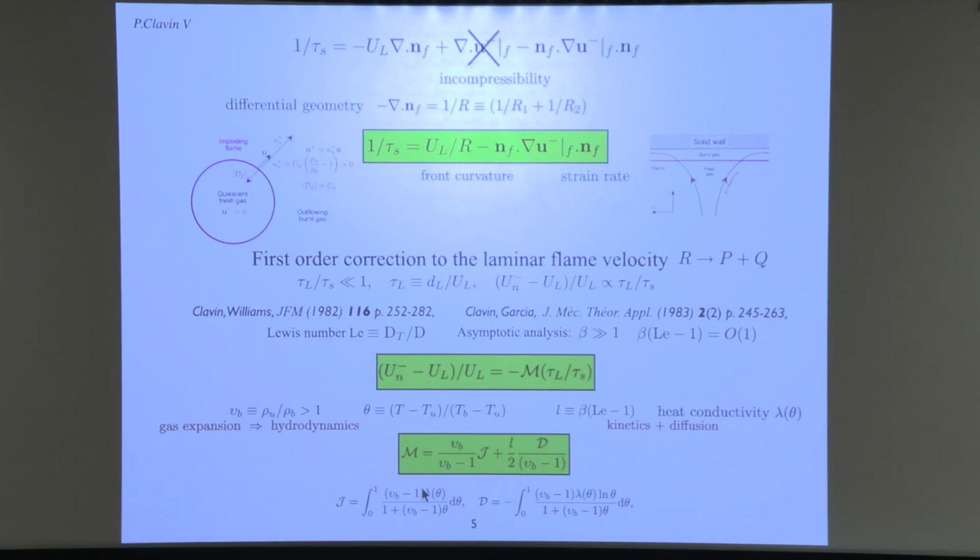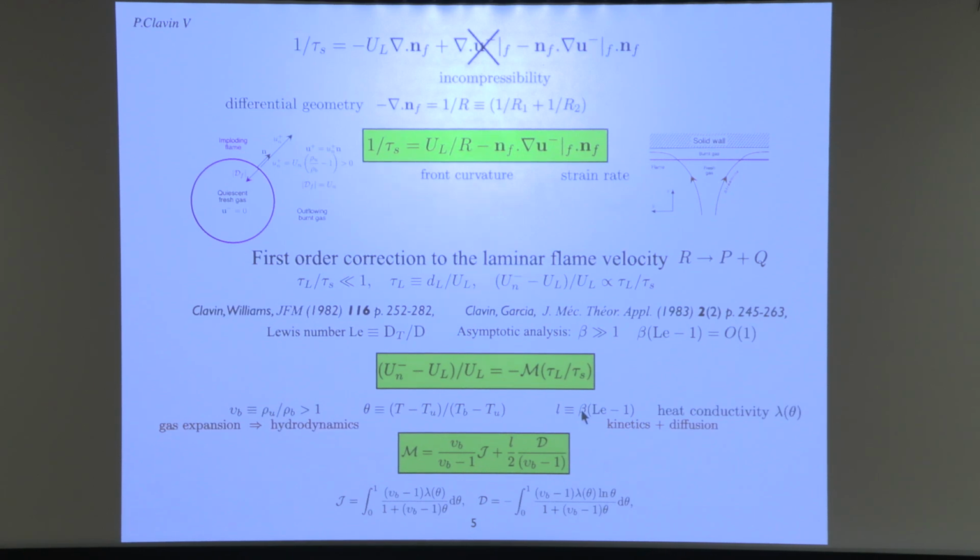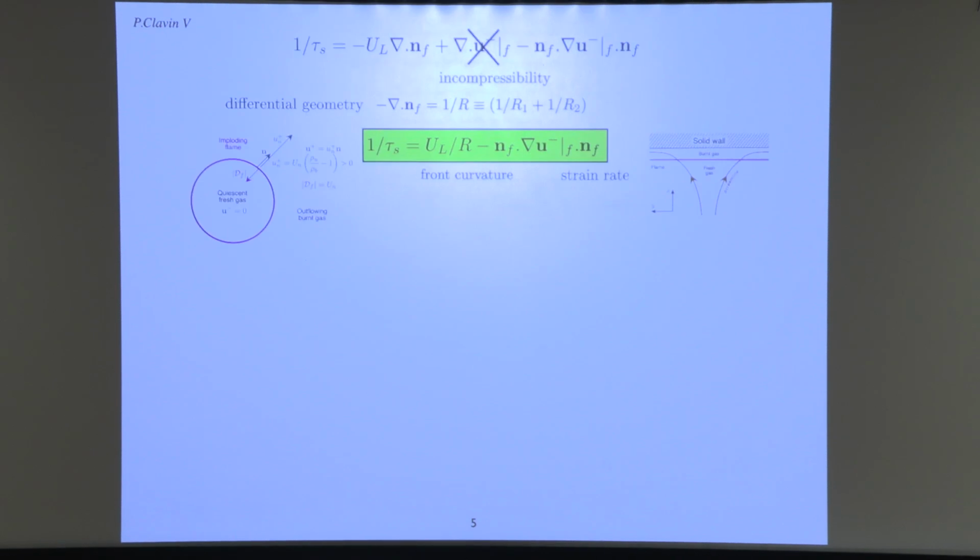What is very nice is that the Markstein number is going to depend on the departure from unity of the Lewis number. Okay, here you have this expression.